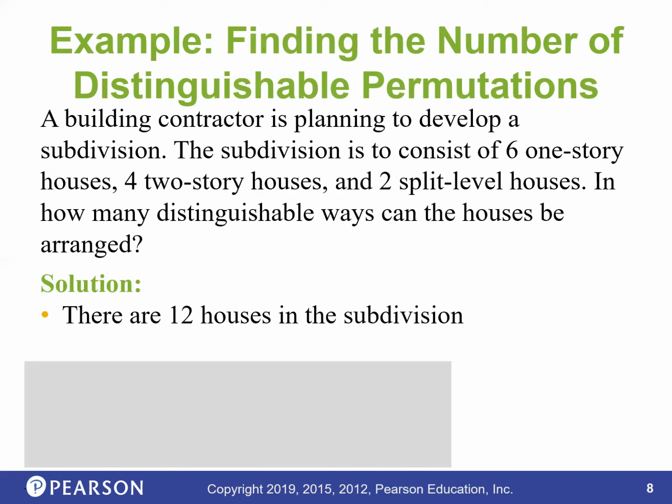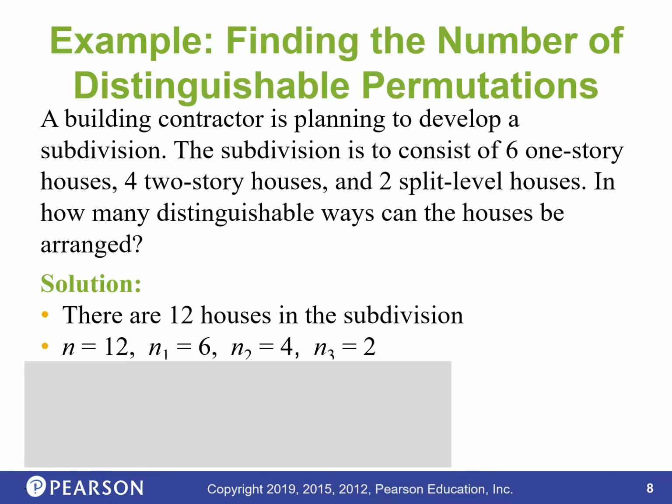Then I have to single out each one of those. The 1-story I'm going to label as n1, the 2-story as n2, and the split level as n sub 3. So 12 is n, the total. n1 are all the 1-stories, n2 are all the 2-stories, and n3 are all the split levels.